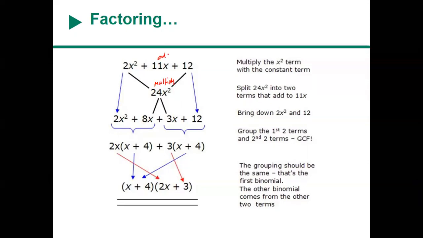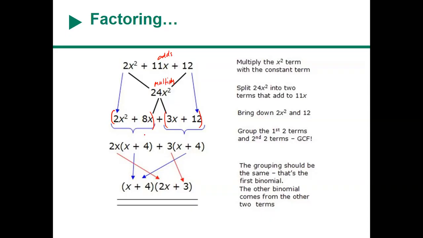but adds to give me 11? So what two numbers multiply to give me 24? 8 and 3. Therefore, this splits off to become 8x plus 3x. Once it splits off, it becomes two groups of terms that you can now factor independently.